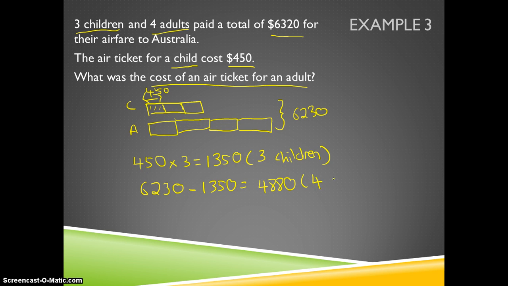So this is the cost for 4 adults, right? If the 4 adults are 4 units, I can divide by 4, and that will give me 1,220. So the cost of an air ticket for an adult is 1,220. Okay, I hope you've understood. Thank you.